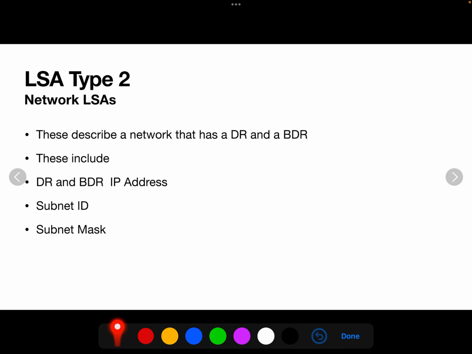Link state advertisement type 2 is the network LSA. These describe a network that has a designated router and a backup designated router. So these include the IP addresses for the designated router and the backup designated router, subnet ID, and subnet mask. I like to think of this as a piece of paper which tells Charlotte not about Samantha this time, but Samantha's immediate family, her parents and siblings.